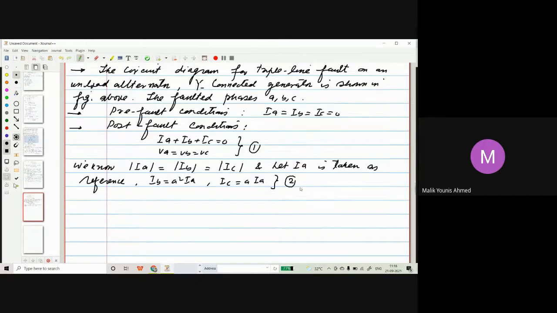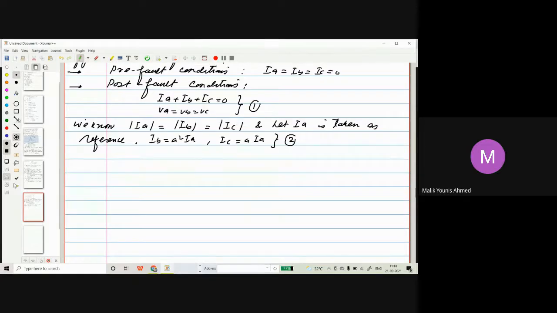Now, how it will be, I have drawn it a number of times. Let me draw it again for you. Let's say this is the reference. Now we know that the phase sequence is A, B, and C. But the rotation of phasor, in our country, India, we take counterclockwise. Phasor rotates like this, that I've already told.